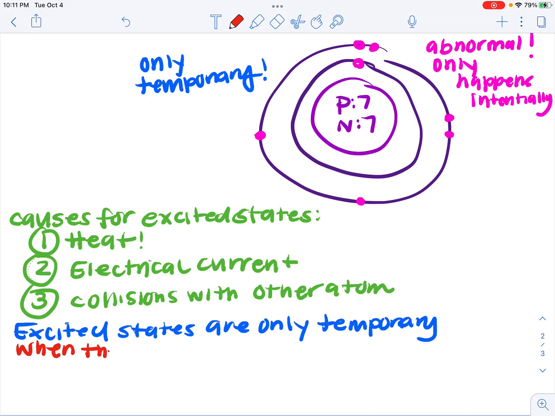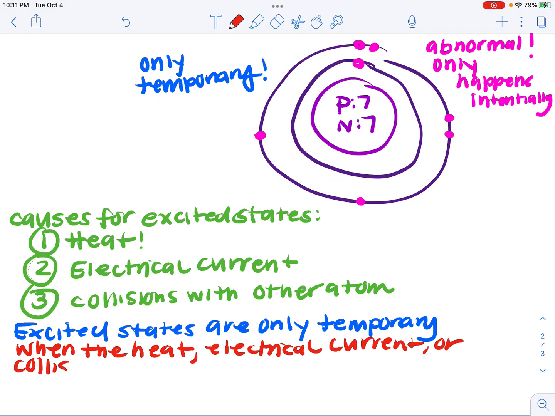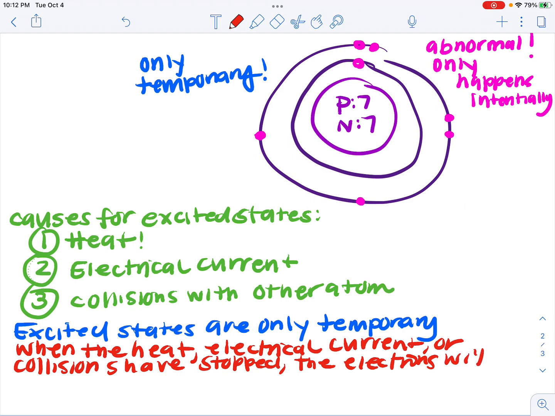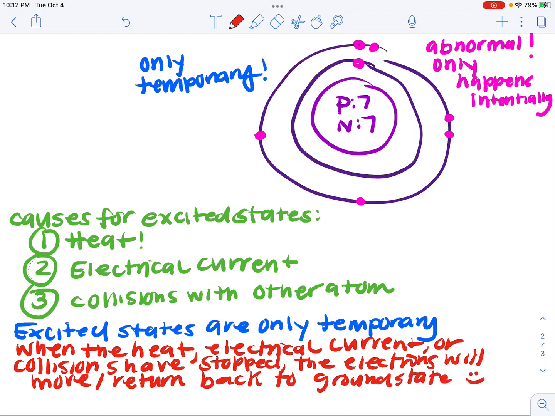So when the heat, electrical current, or collisions have stopped, the electrons will move or return back to the ground state, where they normally are, where they're happy to be.